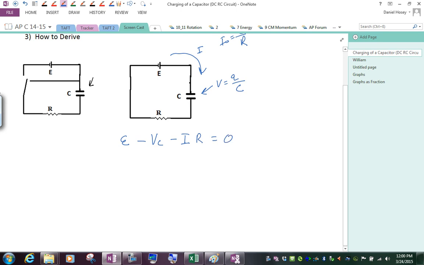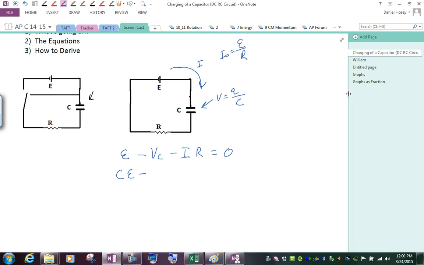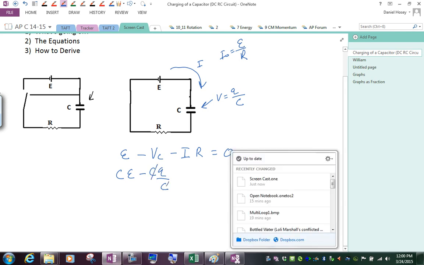Now, to make life a little bit easier, I'm going to multiply everything by C. So that's CE minus, now VC, if you recall, because it's a capacitor and V equals Q over C, that's like Q over C times C, that's just Q.